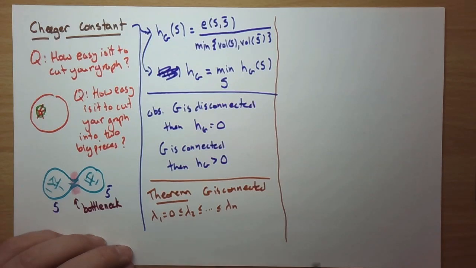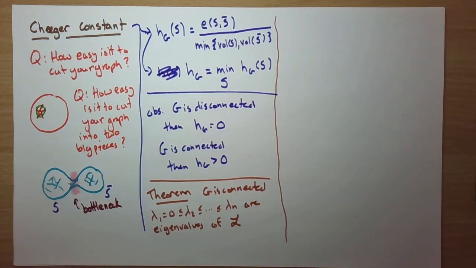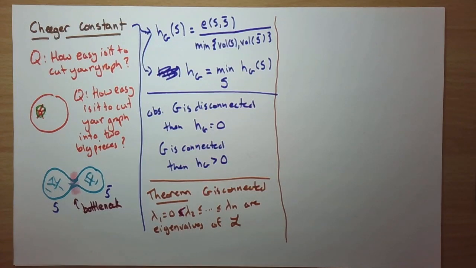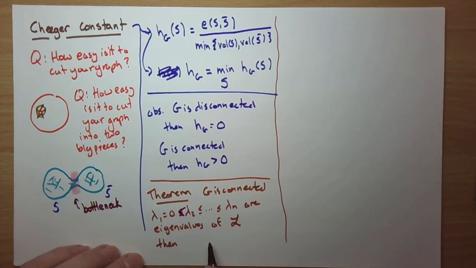And because it's connected, I should say these are eigenvalues of the normalized Laplacian. And because it's connected, we actually can state that this inequality is strict, so lambda 2 is strictly positive. Well, here's the fun conclusion. Then lambda 2 is less than or equal to 2 times your Cheeger constant, and it's greater than or equal to 1/2 Cheeger constant squared.